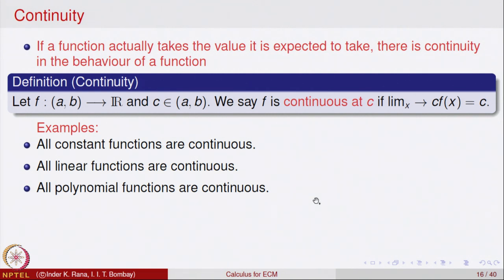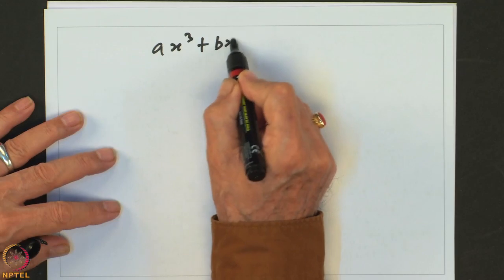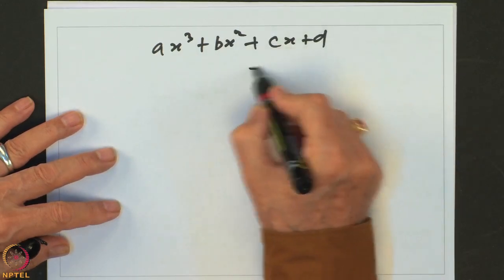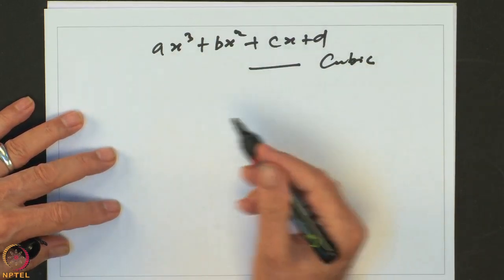So, what is a polynomial function? We looked at a quadratic, we can look at a third degree and so on. An equation of the type a x cube plus b x square plus c x plus d is normally called a cubic, and similarly fourth degree and so on.